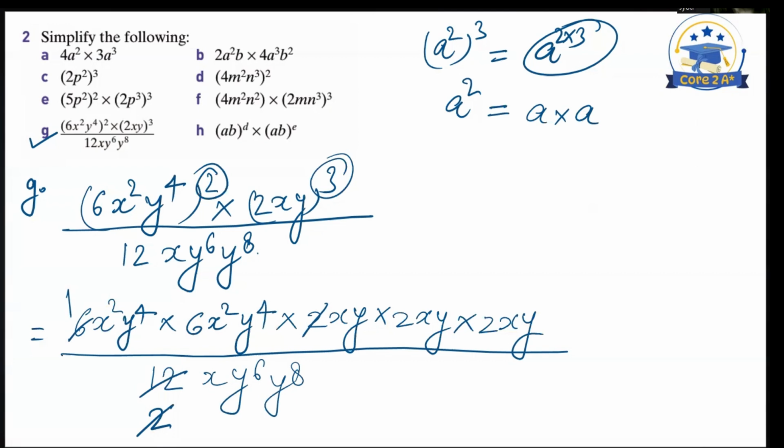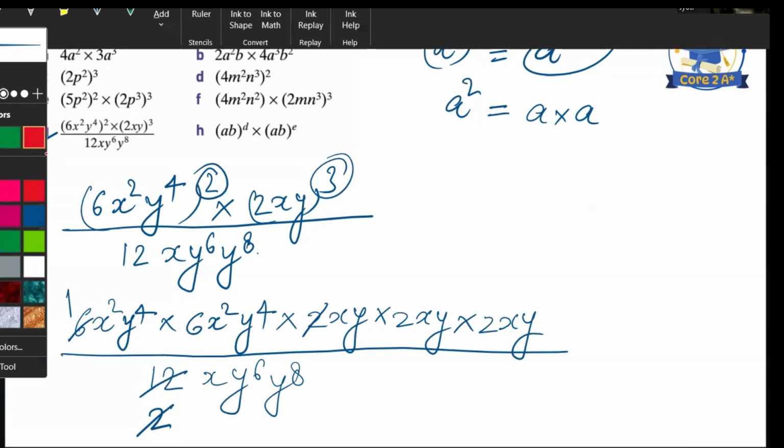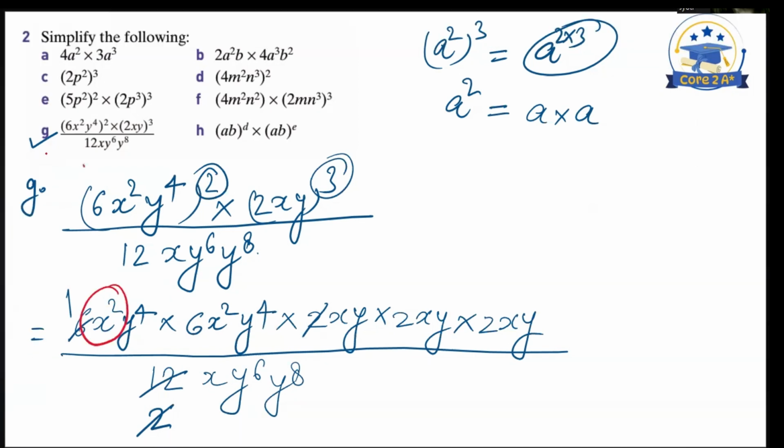Let me change the color for you. See, x square, x to the power 1, x to the power 1, x to the power 1. See, if there is no power, it means it has power 1. Now I'm going to write x, which has the same base with different powers. So what do we have to do?